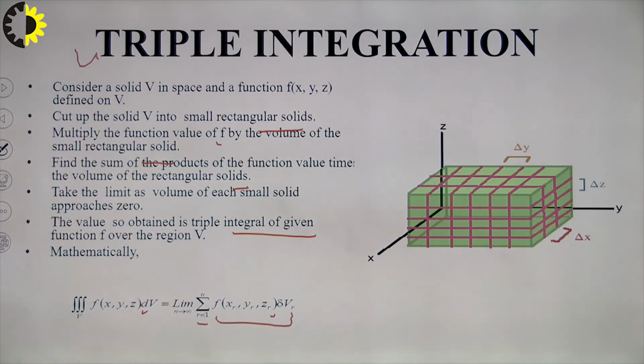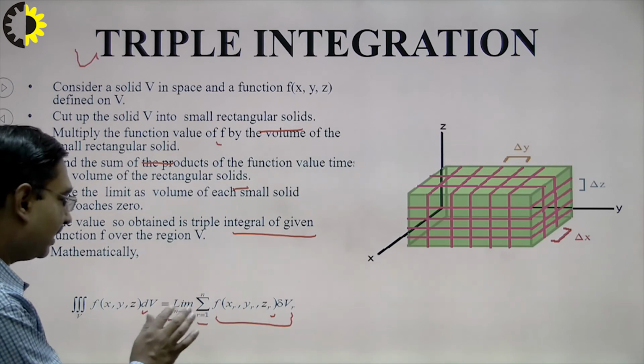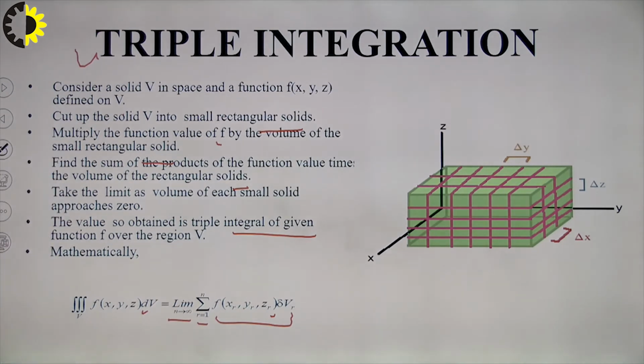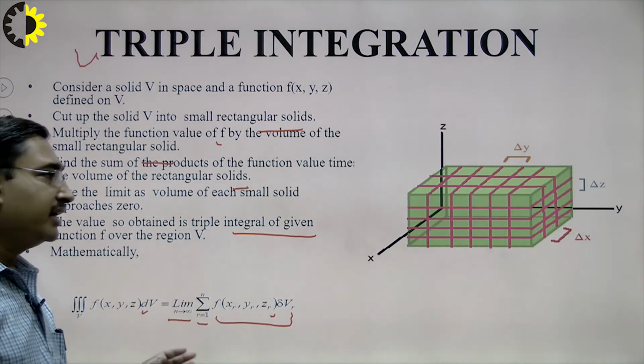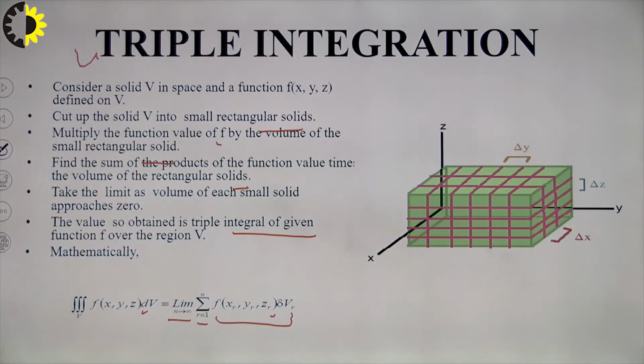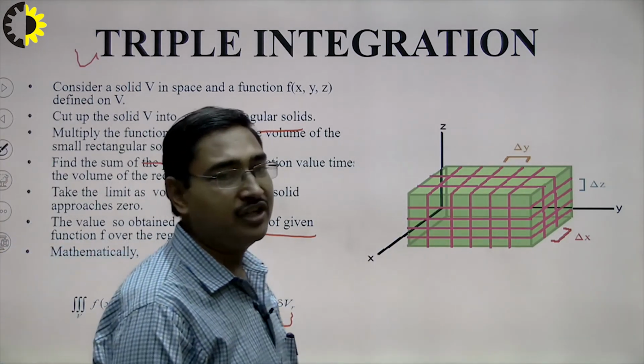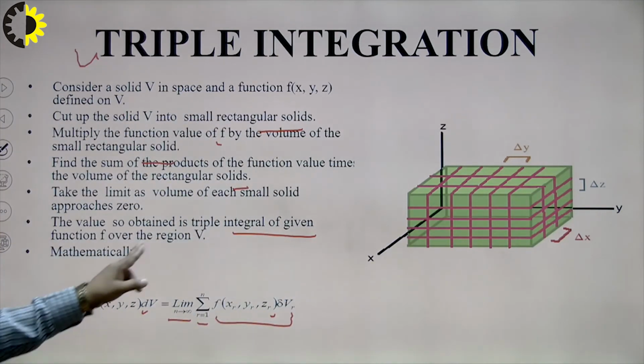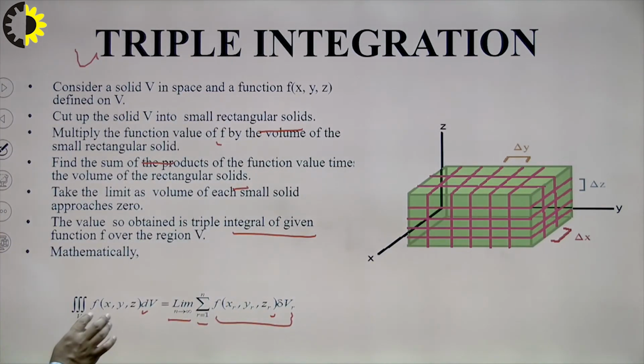This sum was found in the limiting case when n tends to infinity, and n tending to infinity means the number of small cuboids is approaching infinity. So the volume of each solid will approach 0, and this limit is the triple integral of f over this region V.